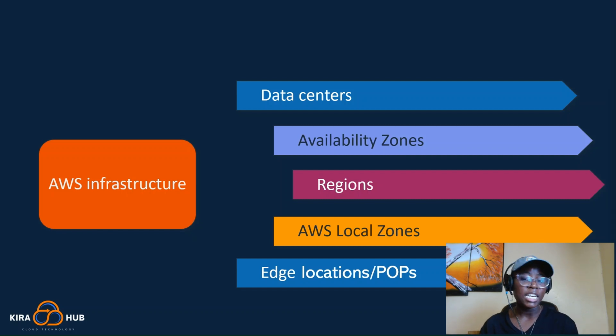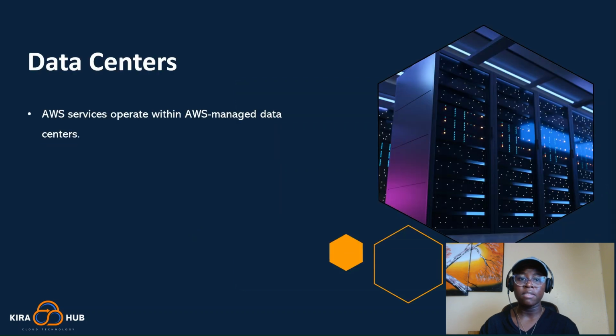What do we mean by the term regions? What are the AWS local zones? What are edge locations? These are concepts that make up the AWS global infrastructure as a whole. By the end of the session, I hope you'll have an understanding of where exactly AWS is and how we access the AWS services.